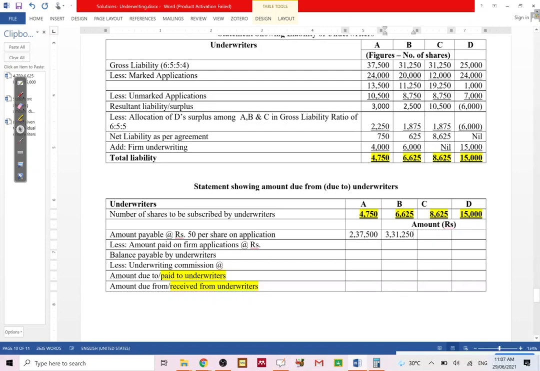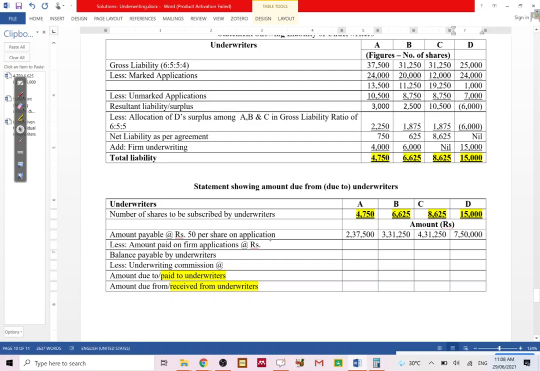Beyond this it is just calculation. 50 into 8,625 gives you 4,31,250, and finally 50 into 15,000 gives you 7,50,000.